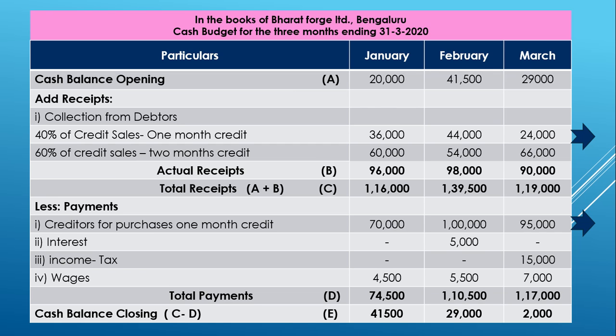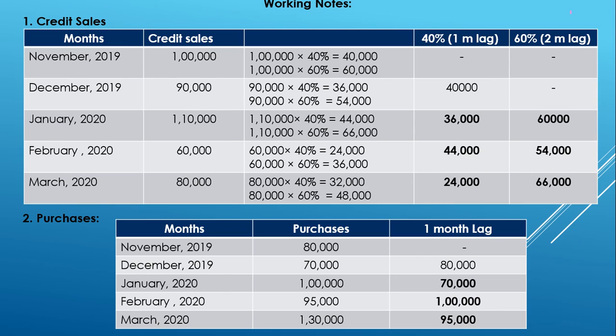Thereafter, there will be some payments. Creditors for purchases, 1 month credit. Again we will go to the working note. For purchases, again 1 month credit is there. So for November purchases, we will make the payment in December. For December, we will make payment in January.